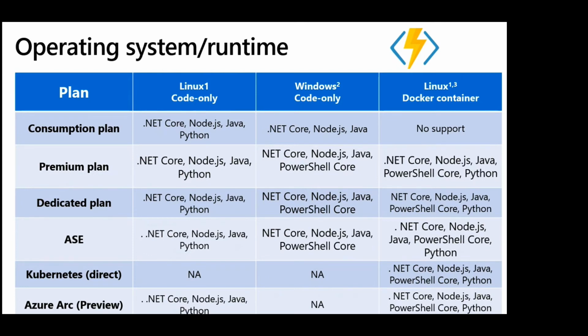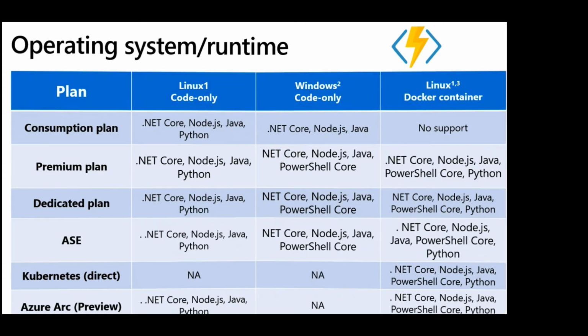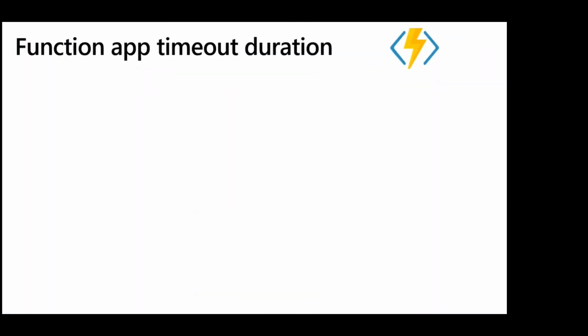For example, dedicated plan, you have more support. If you want to run PowerShell, consumption plan, there is no support for that. You need to use PowerShell Core. Simple table, but helpful.